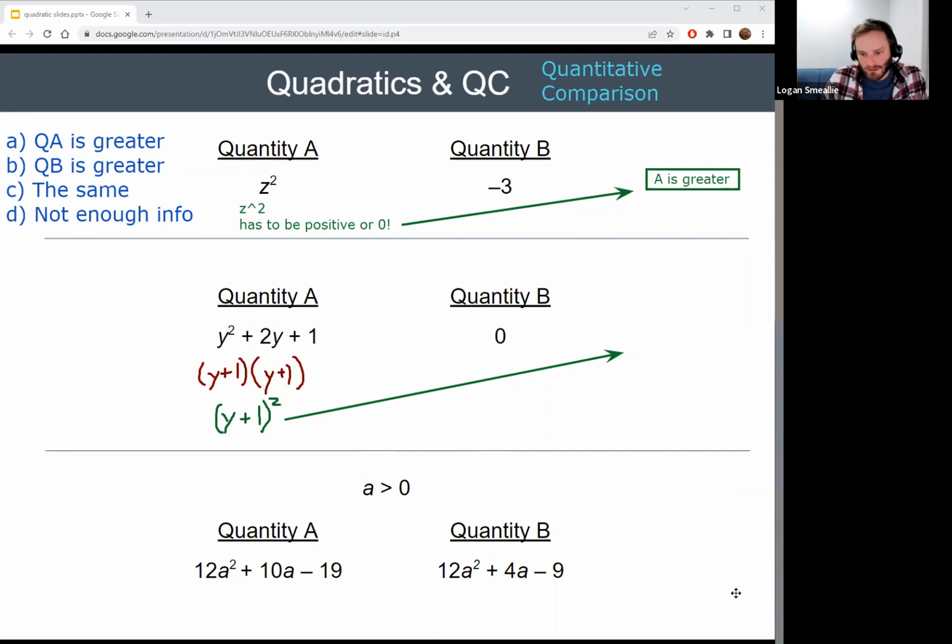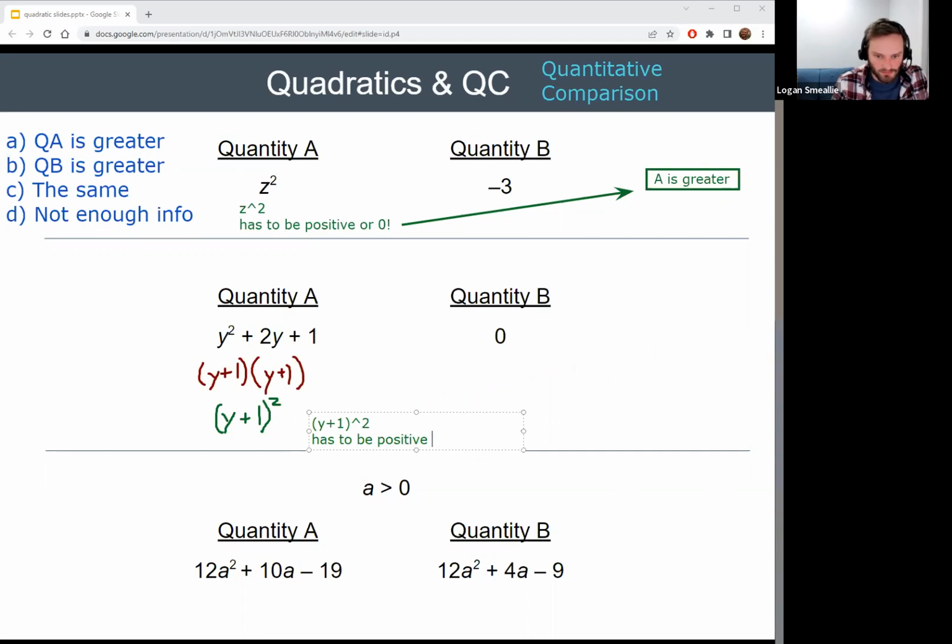A squared, this part is the exact same logic. But which part comes into play in a big way here? The or 0. Y might be positive.